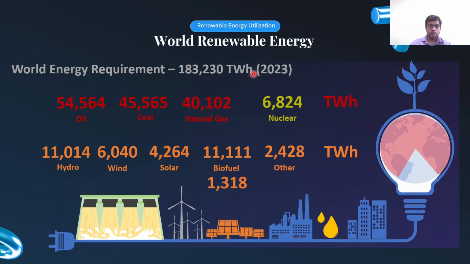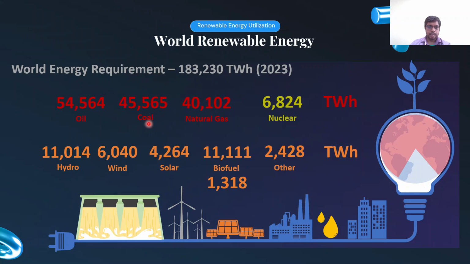If you look at how this energy is harnessed, you can see about 54,500 terawatt hours was taken from oil. This includes transportation as well, so the vehicles use gasoline, diesel, petrol, and so on. So oil has the major contribution in the world's energy requirement, right?